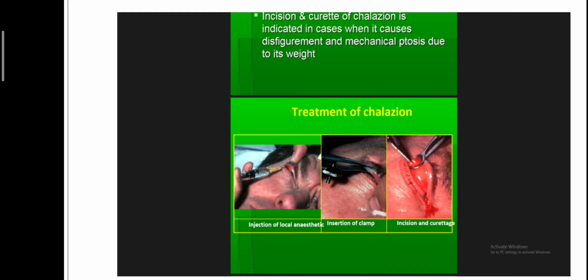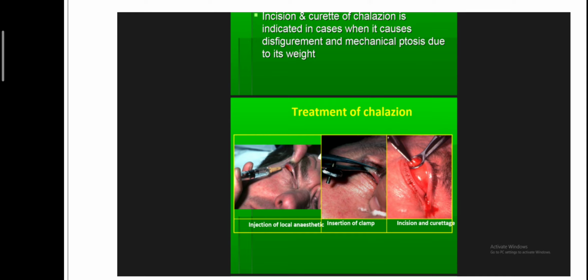Why do we put a vertical incision? Because the meibomian glands are located vertically. If we put a horizontal incision, we cut the ducts of multiple glands. If the incision is parallel to the gland, only that gland is involved, so there won't be damage to multiple glands.